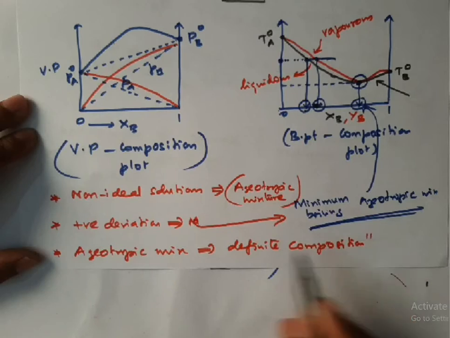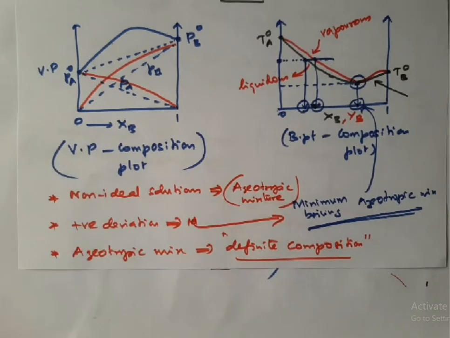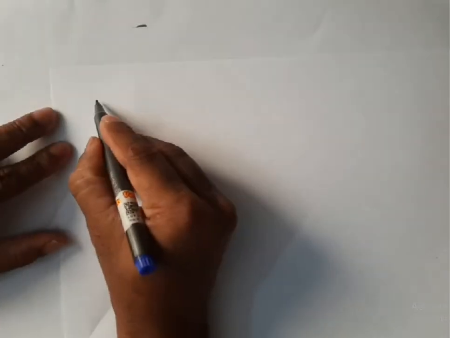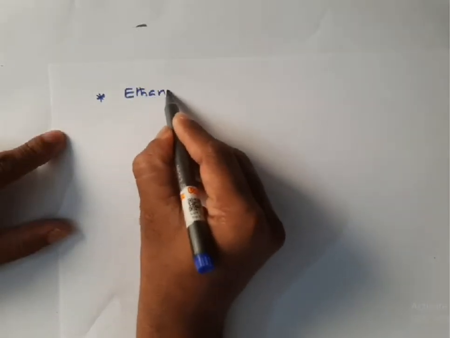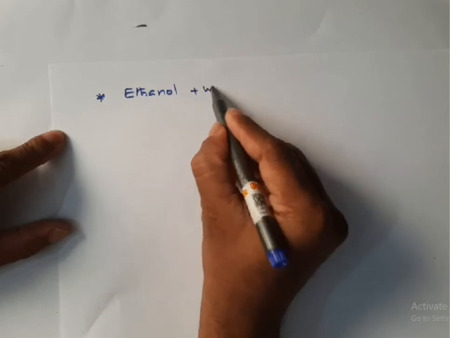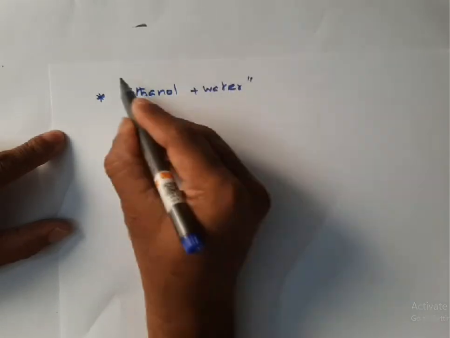Exactly at one particular composition you will get an azeotropic mixture. Say for example, let me write on the next page. Students, observe this carefully. Suppose you take an ethanol and water mixture, ethanol plus water. I'll take this mixture.